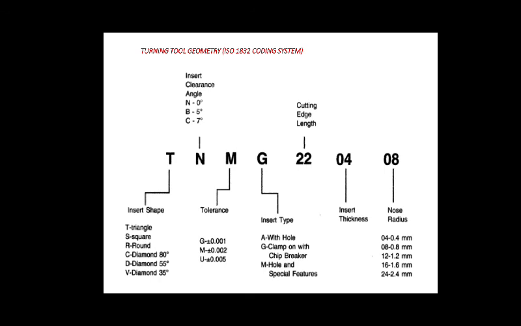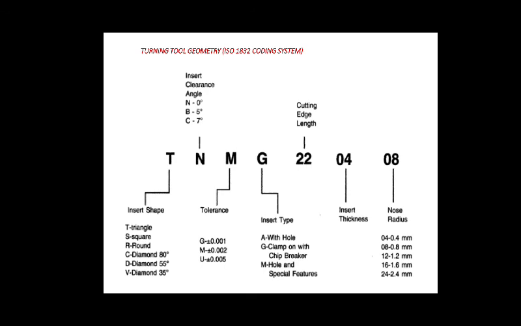The first digit indicates the insert shape, the second the insert clearance angle, the third the tolerance, the fourth the insert type, the fifth the cutting edge length, and the sixth the insert thickness. And the last digit shows the nose radius of that turning tool geometry as per ISO 1832.